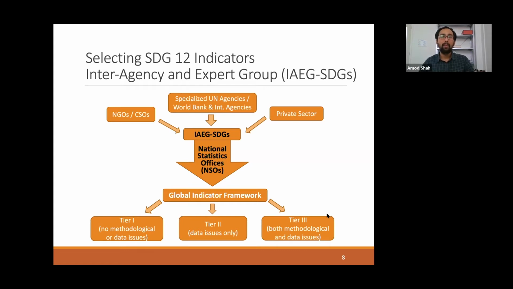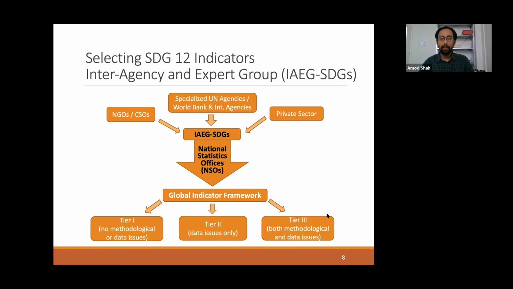Specifically for SDG 12, the United Nations Environment Program was the main organization taking the lead. But you also had the Food and Agriculture Organization of the UN, the FAO, as well as the World Tourism Organization, which were acting on specific indicators. It's also important to stress that here we are talking about the indicator selection process of what was called the Global Indicator Framework.